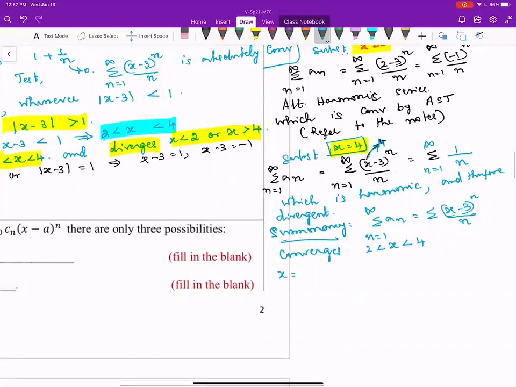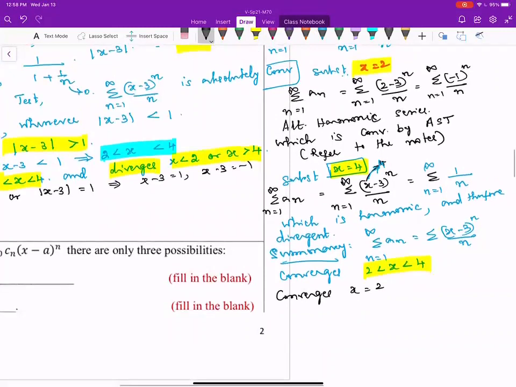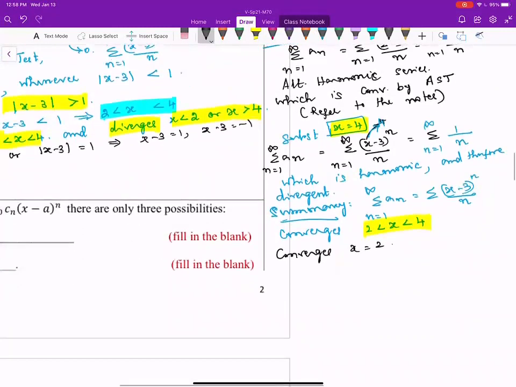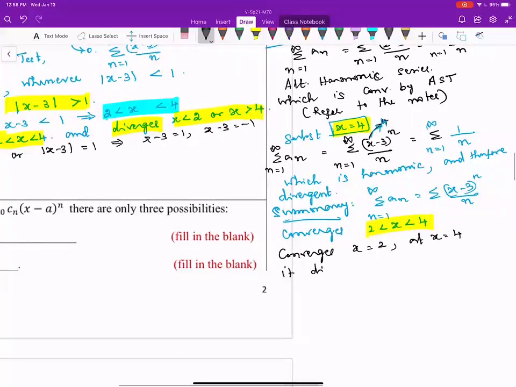It converges at x equal to 2. Also, at x equal to 4, it diverges.